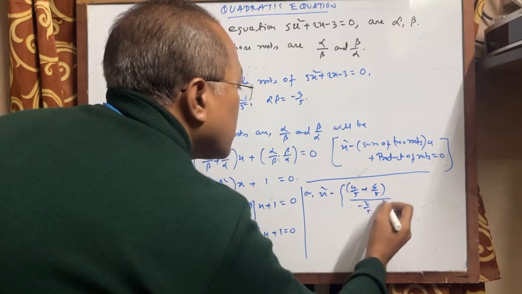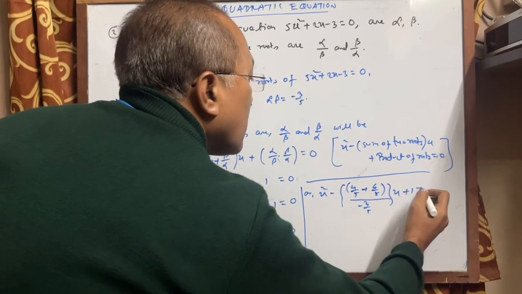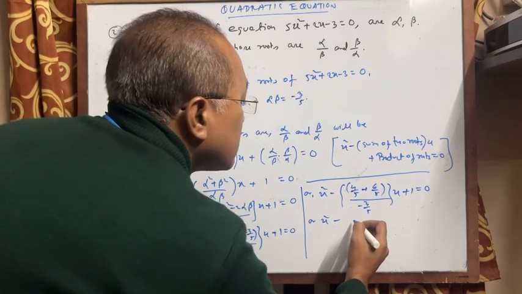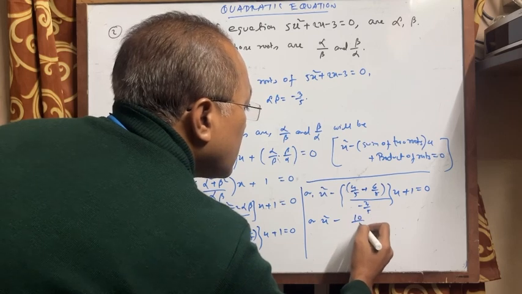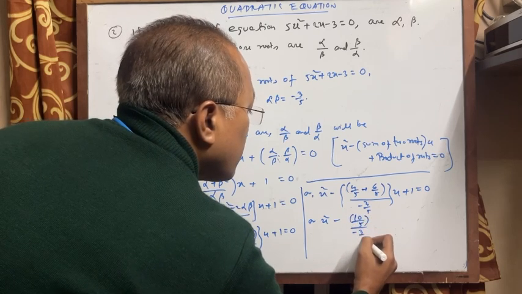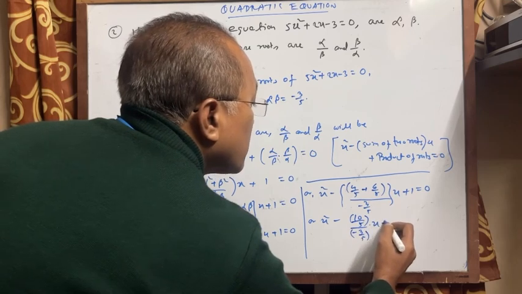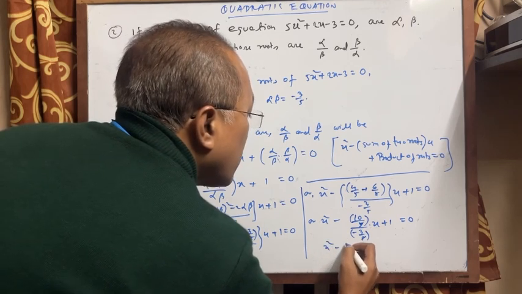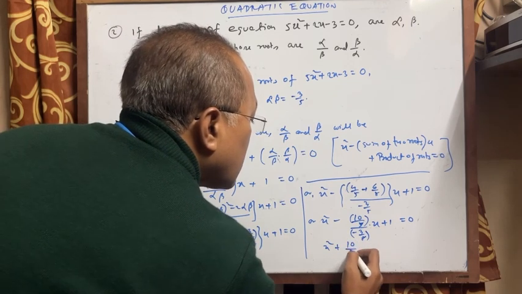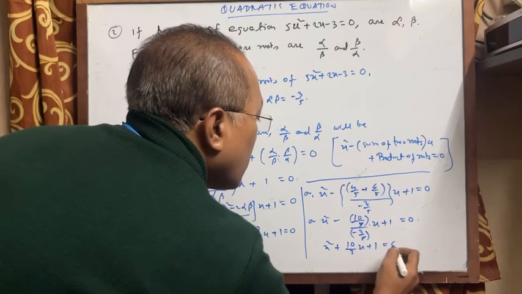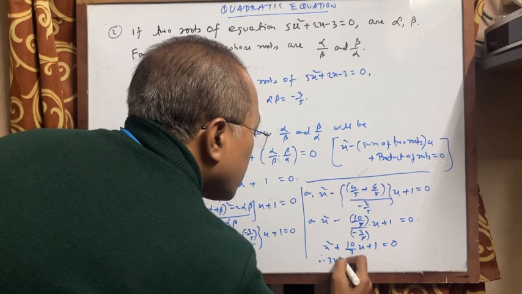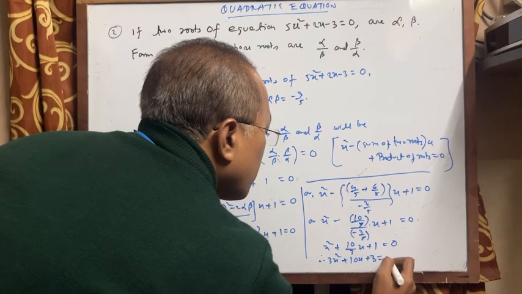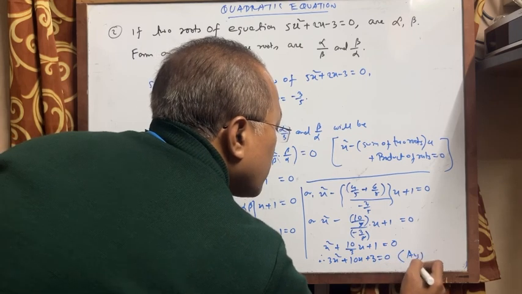Here it is minus 3 by 5 into x plus 1, or x square minus 10 by 5 minus 3 by 5 into x plus 1, that is x square minus 10 by 3 x plus 1, or you can say 3x square plus 10x plus 3, and that will be the answer.